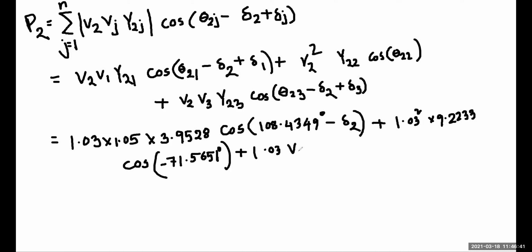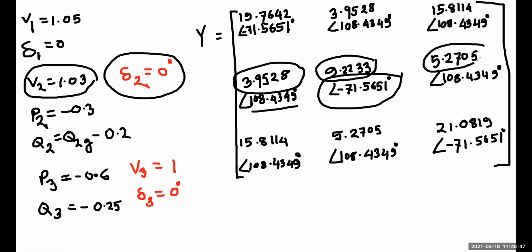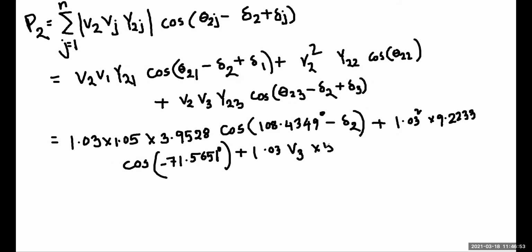V3 is unknown, so write V3. Y23 is known. Y23 is this one, 5.2705. Fine.